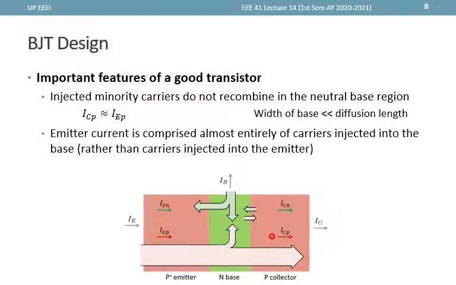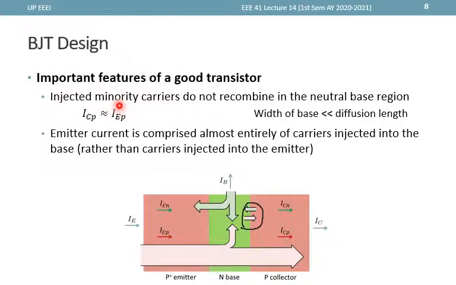Now we note that since this junction here is reverse biased, this current component here should ideally be very small, and ideally this ICP is composed of this flow of holes right here.